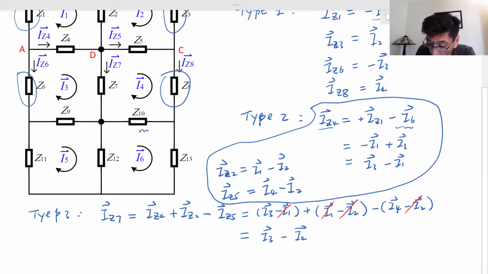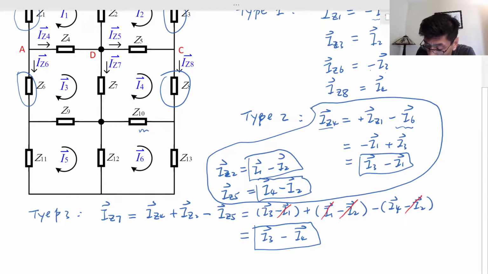So if we observe all these equations, we can find a common feature here: I sub z7 is equal to I sub 3 minus I sub 4.